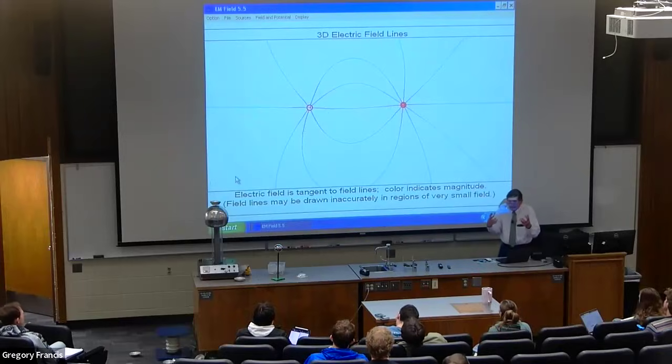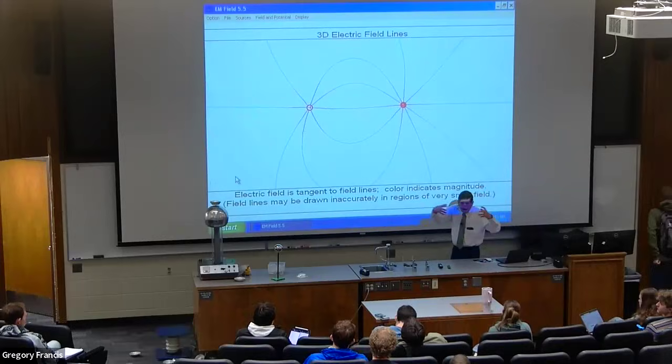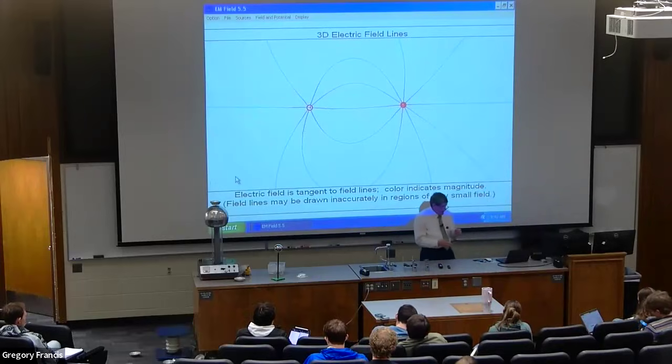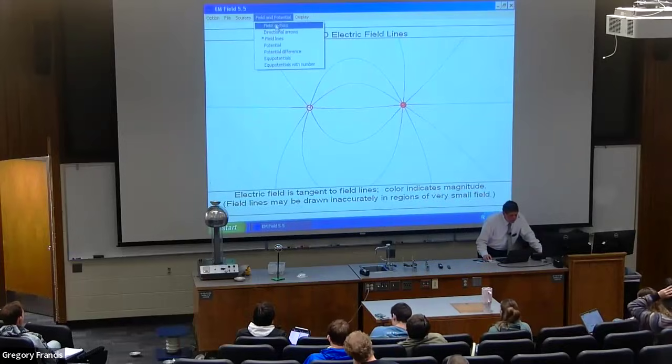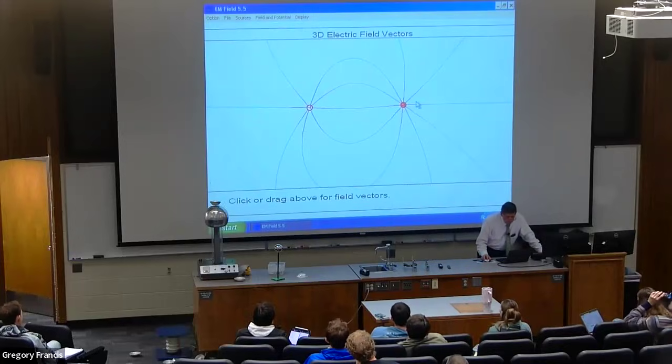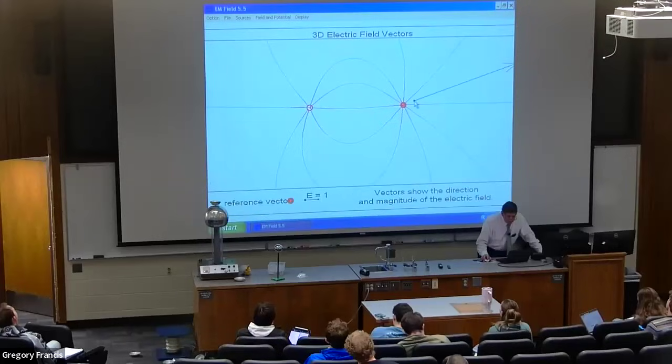I just painted a picture of the electric field everywhere in that region. And I can go in and see if it works. If I go back to the vectors, where the field lines are close together, I get a big vector. Where the field lines are far apart, I get a small vector.